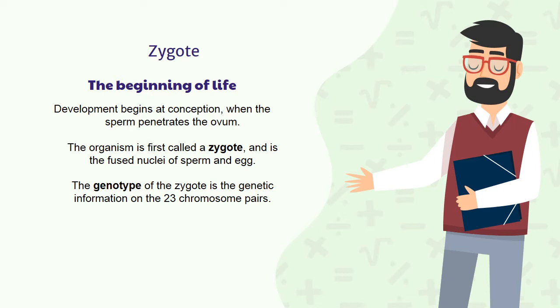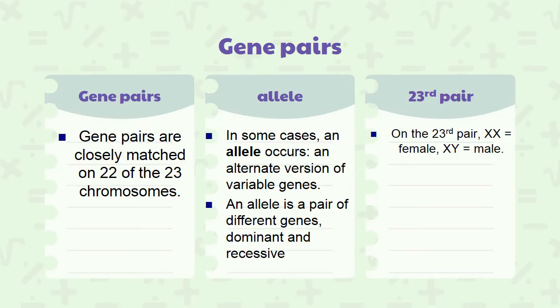The genotype of the zygote is the genetic information on the 23 chromosome pairs. Soon after the zygote is formed, life starts, and the display of characteristics will soon take place.